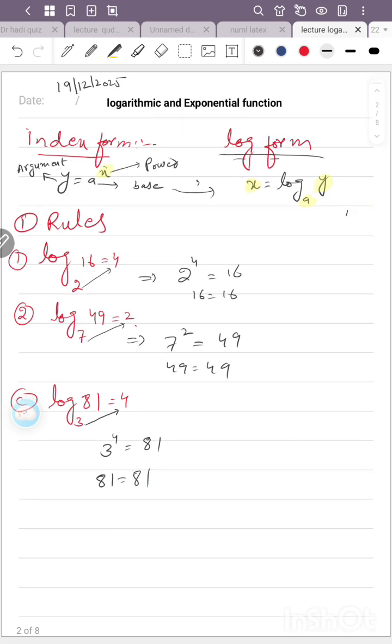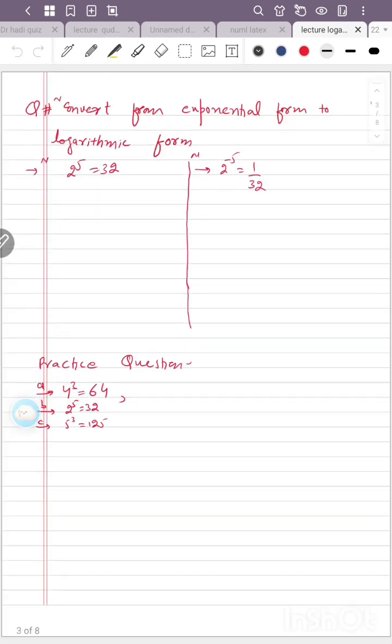I think you have understood this concept. Now moving forward, 2 power 5 equals 32. We have to convert it into the log form. How do we convert 2 power 5 equals 32 into logarithmic form?